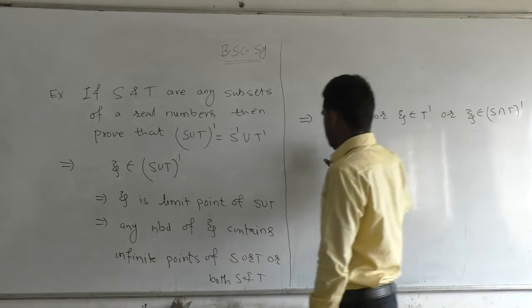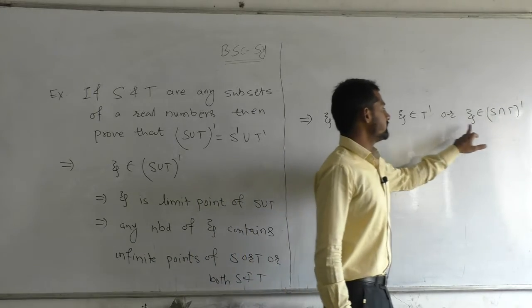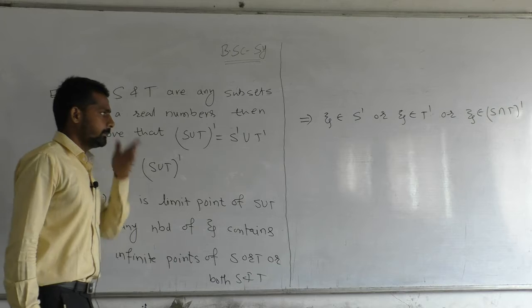That is, either zeta is a limit point of S or zeta is a limit point of T or zeta is a limit point of both S and T, that is S intersection T.